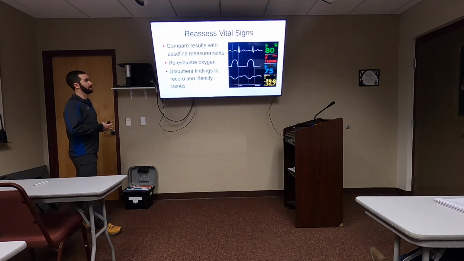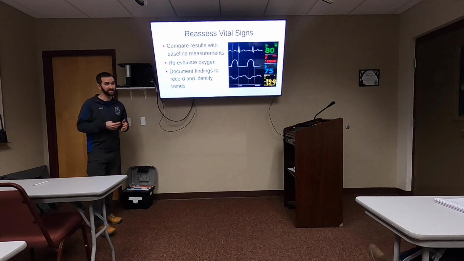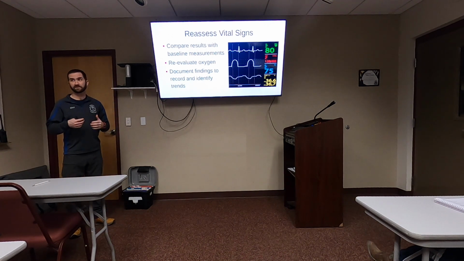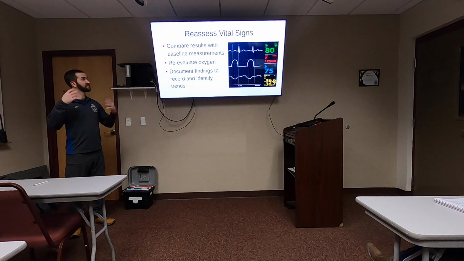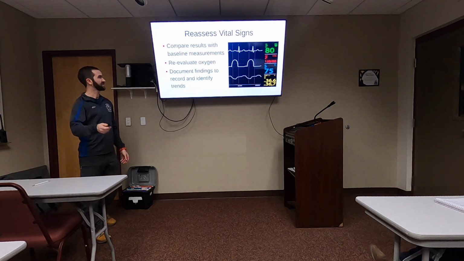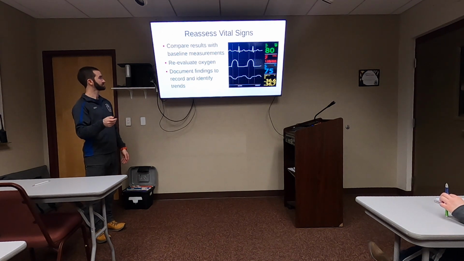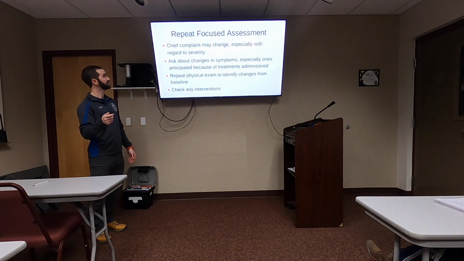Just like people having a stroke or an MI, if they're having a heart attack, they don't recover as well. Their long-term recovery process is worse if you've given them too much oxygen. So titrate to effect, get them between 95 and 100.